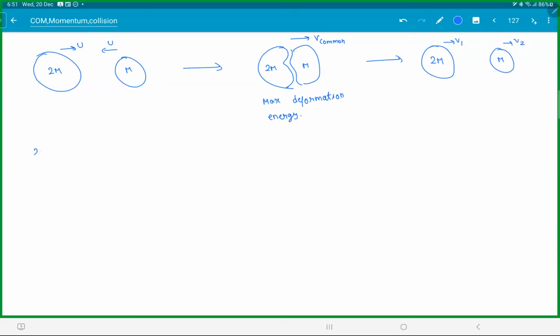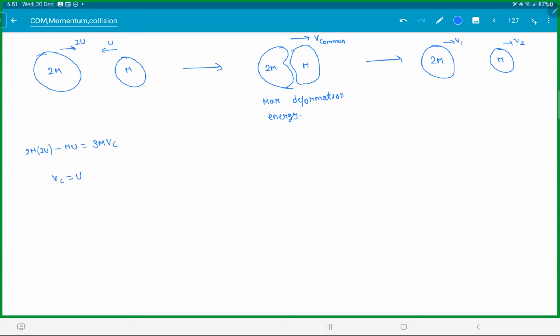So if you conserve momentum, 2mu minus mu is 3m Vc. So Vc is u.